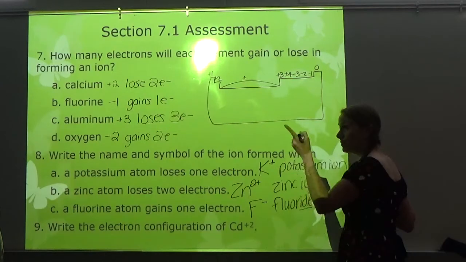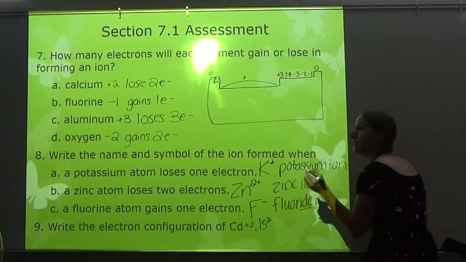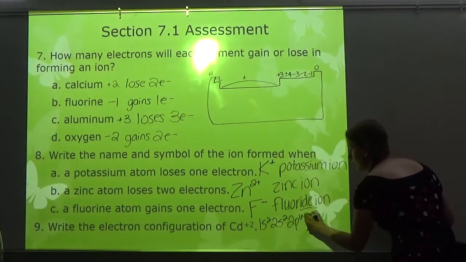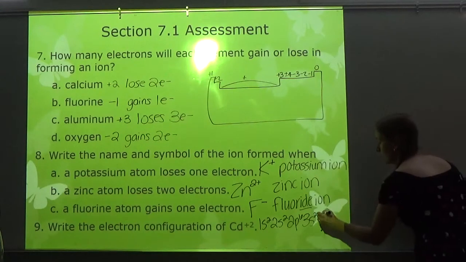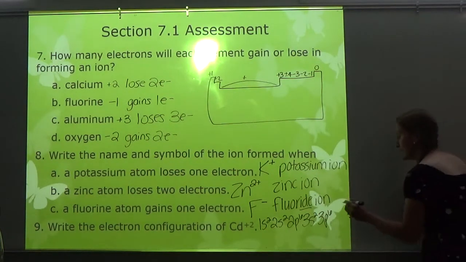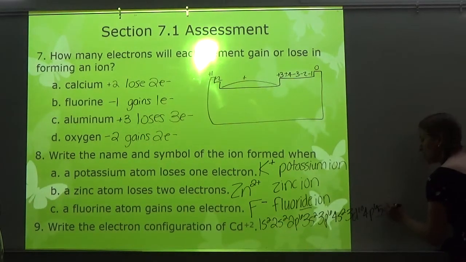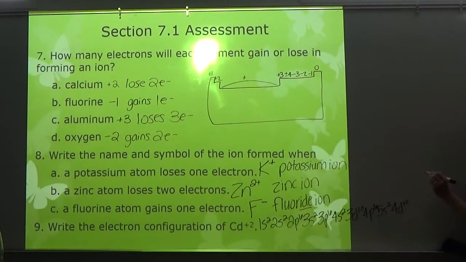I'm going to start with hydrogen, so 1s2, then lithium, 2s2, boron, 2p6, sodium, 3s2, aluminum, 3p6, potassium, 4s2, scandium, 3d10, gallium, 4p6, rubidium, 5s2, yttrium, 4d10, because we're ending at Cd. So this would be the original electron configuration for Cd.